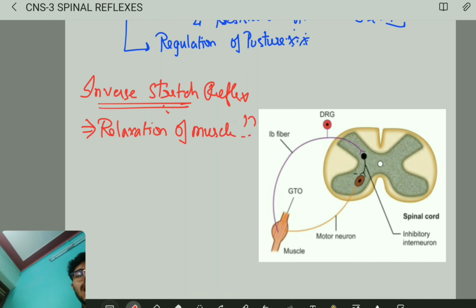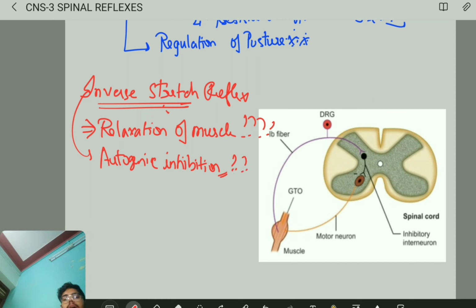We are going to see how this relaxation of muscle takes place. This inverse stretch reflex is also called autogenic inhibition. We will see why it is called autogenic inhibition. Now let us go on with the topic proper.